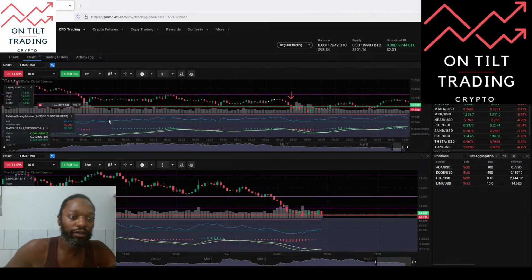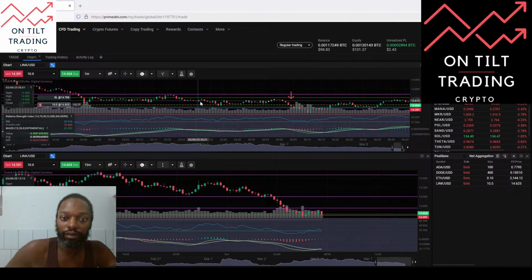And we'll come in, you can see my stop loss is a few cents above this candle. I may have chosen this candle here, a few cents above this candle here.